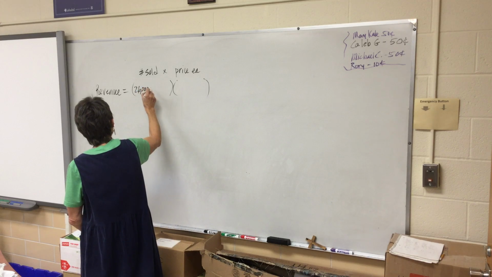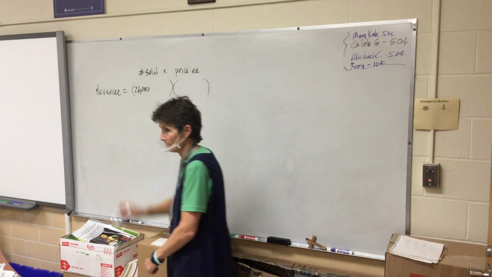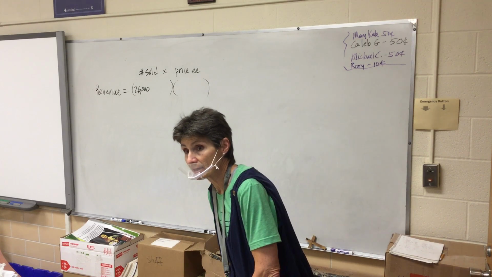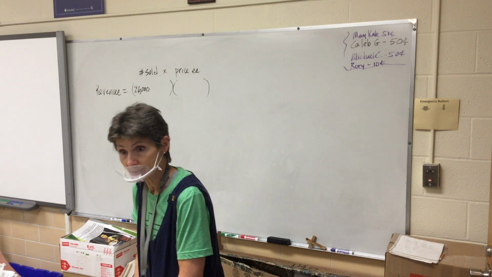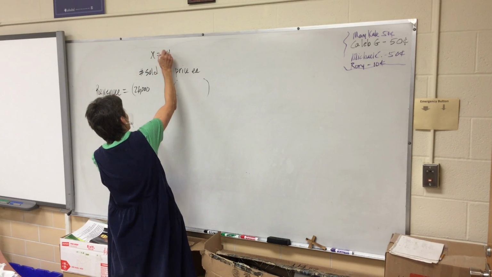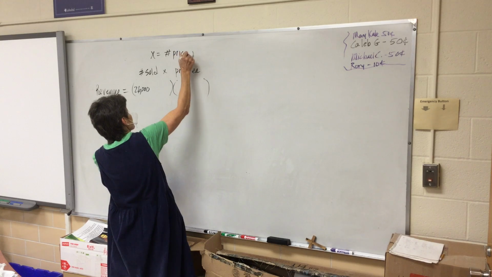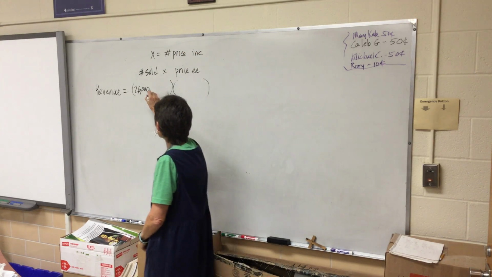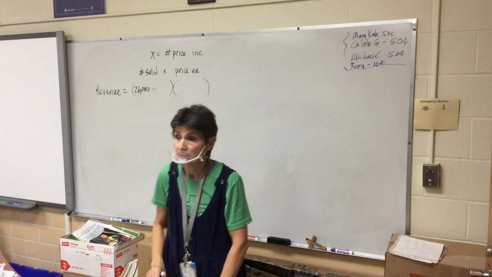26,000. So I'm starting with 26,000. Now, what's happening to that number in this problem? It's decreasing because we're going to raise our price, right? So X this time is the number of price increases. And if the price is going up, I'm going to lose cans.